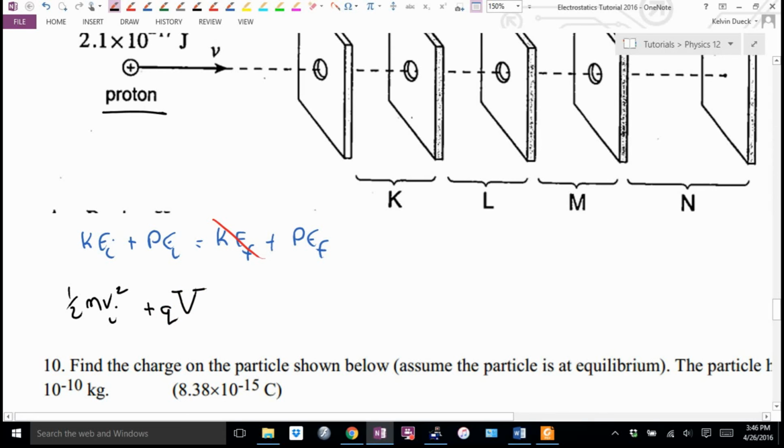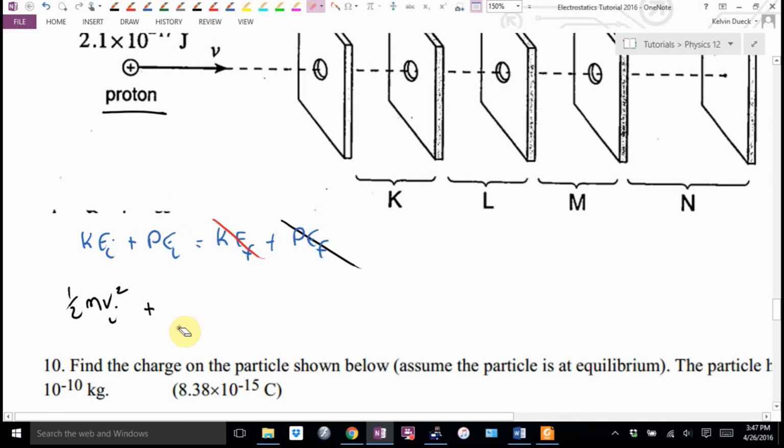It's a proton. You know what? Q, change in voltage, technically. So let's assume that we want its final to be, we want to know when it's going to stop. Okay? Maybe I want this to stay and I want this to be 0. I'll have to think about this for a second. Let me come back to it.